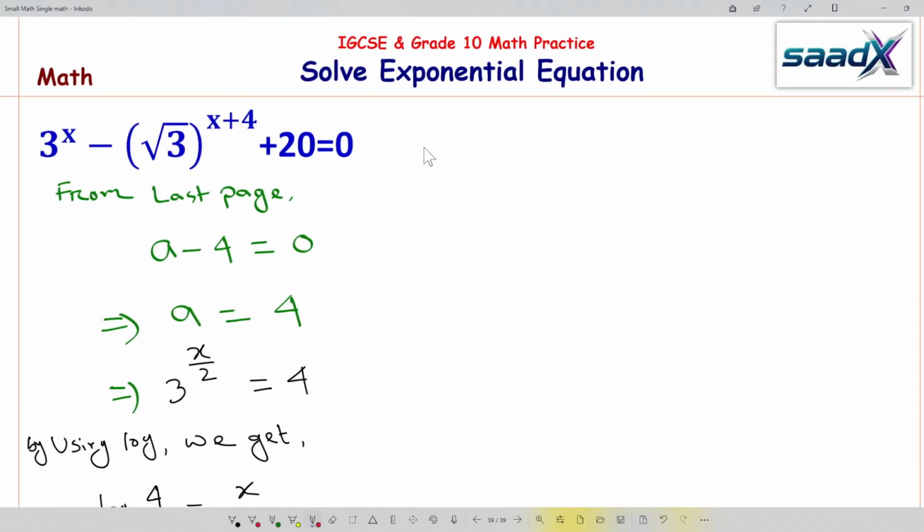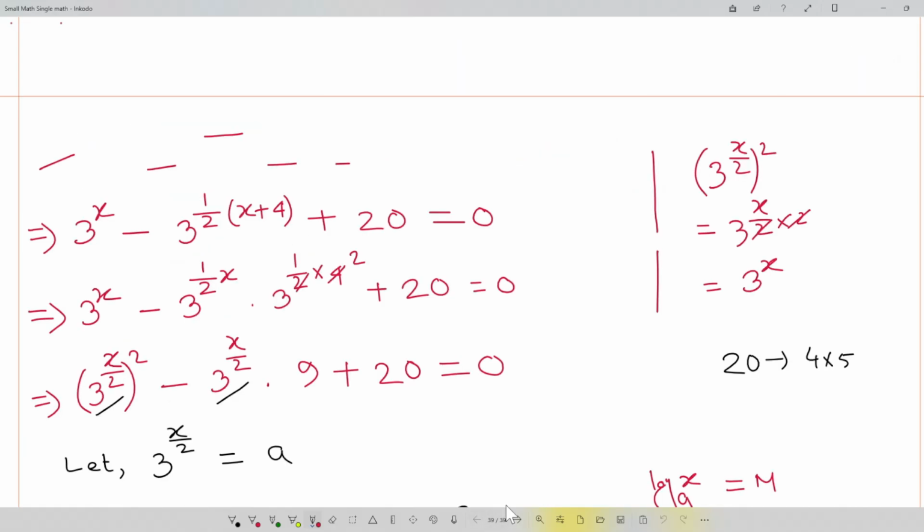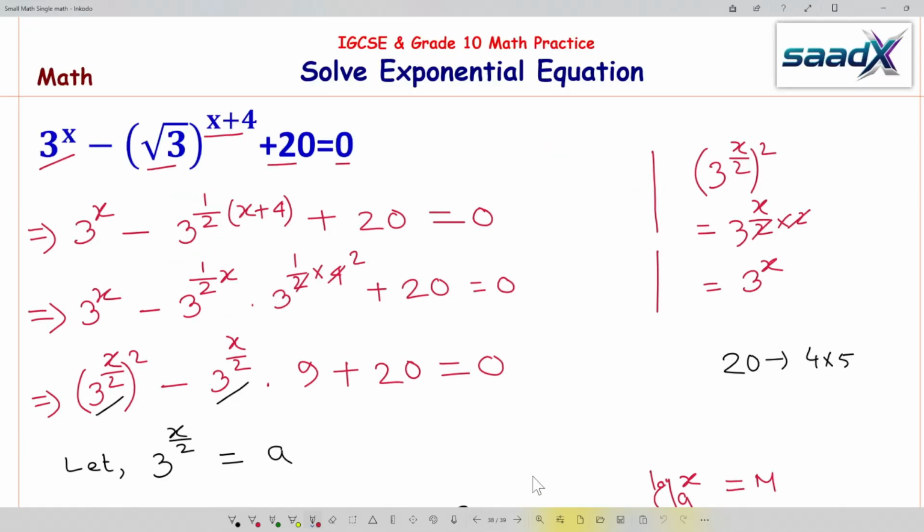So for this question, x equals 2.930 or 2.524. I hope you understand everything.